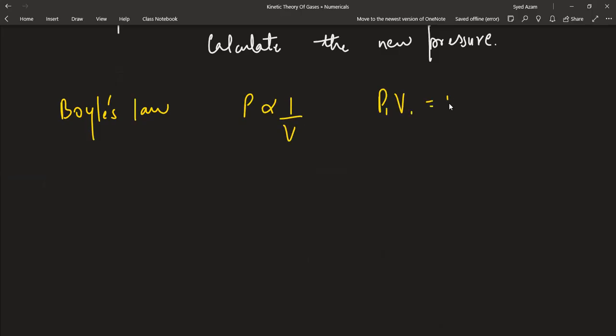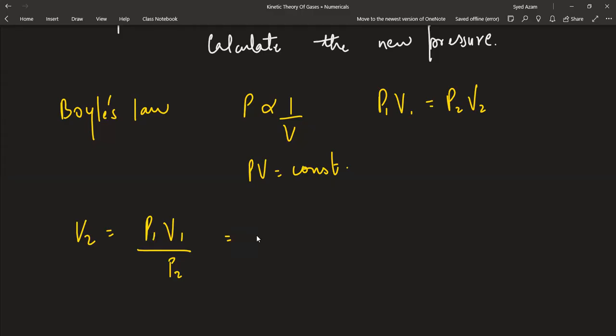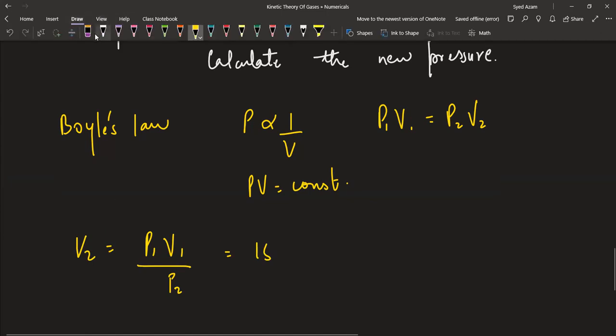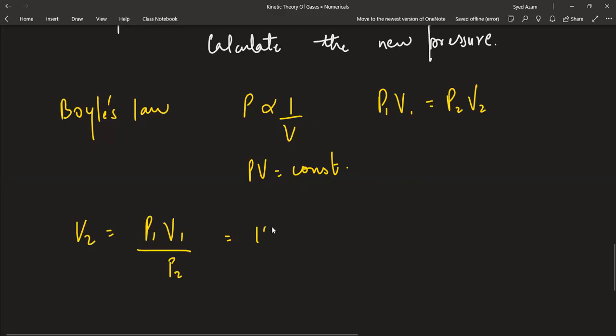So P1 V1 is equal to P2 V2, as your PV will be constant. So here we have V2 will be P1 V1 by P2, right? P1 is given as 150, no, 100. So this is given as 100.